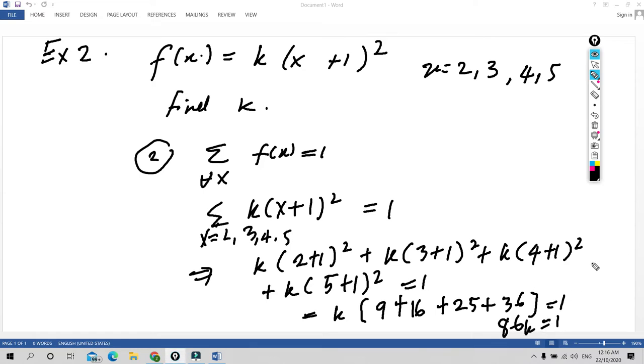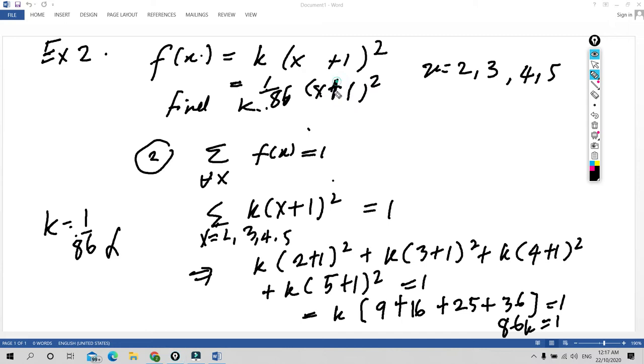In other words, k is equal to 1 over 86. So the new function here, because k is equal to 1 over 86, is f(x) equal to 1 over 86 times (x plus 1) squared.